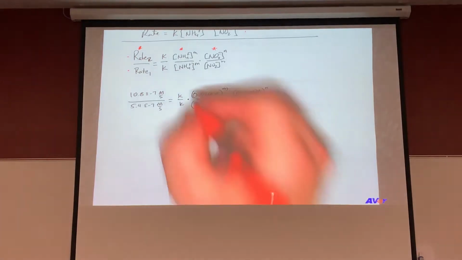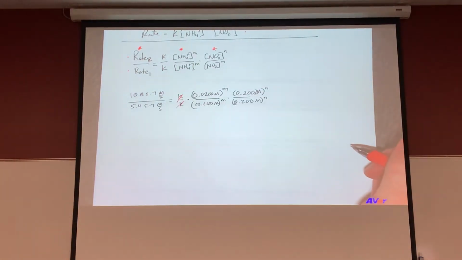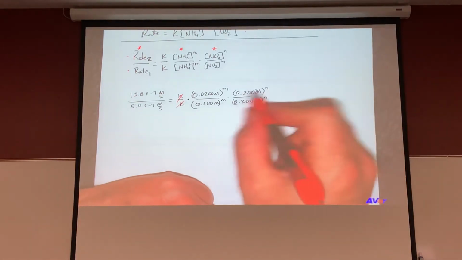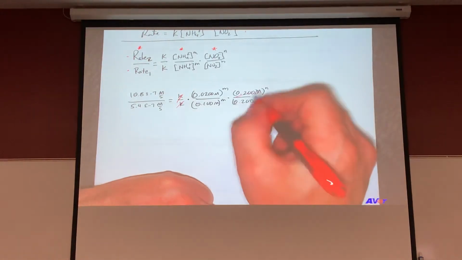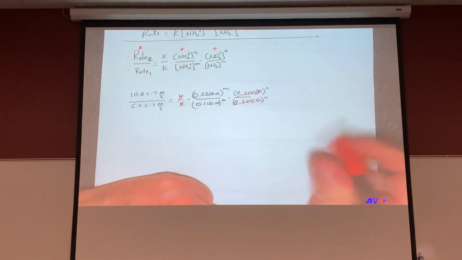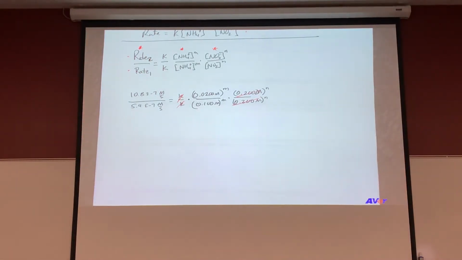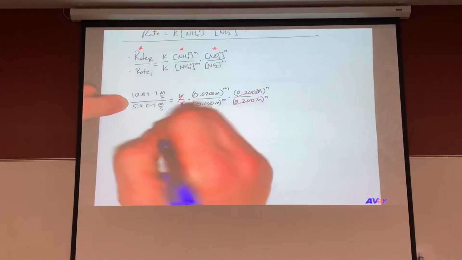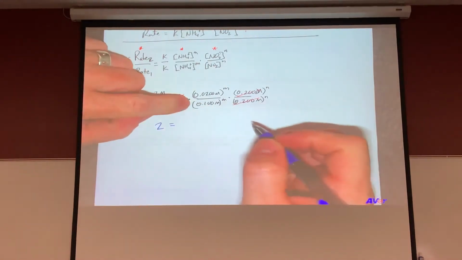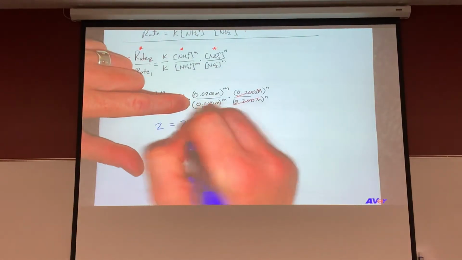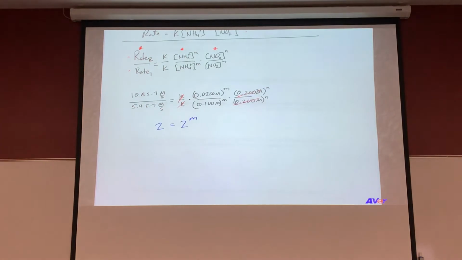The K's go away, they're the same. What about these over here? Because it's the same thing. If you simplify what's left, and I'm going to dump all the units at this point, that simplifies to what? 2 equals 2 to the m. What's the value of m?